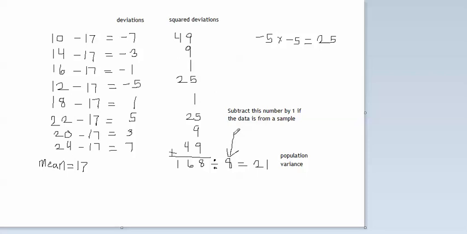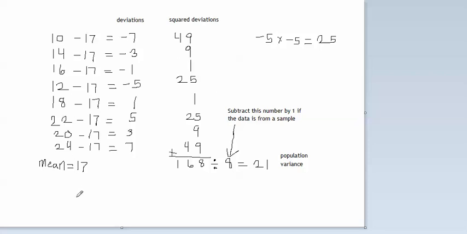So in actual research, this number would almost always be dropped down by 1 because almost all data comes from samples. So we didn't subtract 1. We left it as 8 because I said this wasn't an entire population.